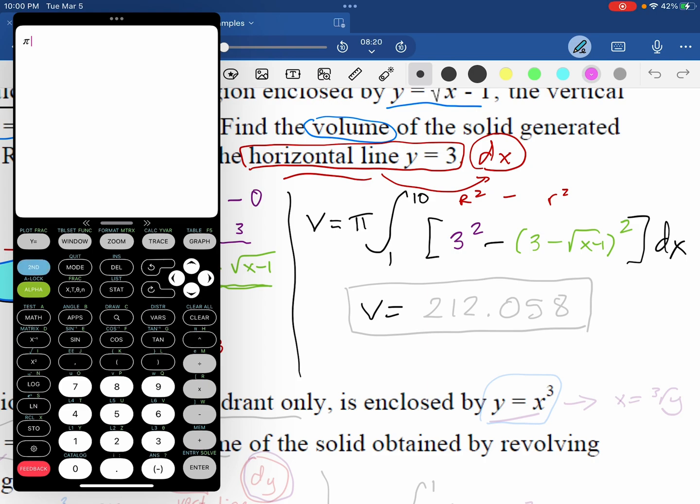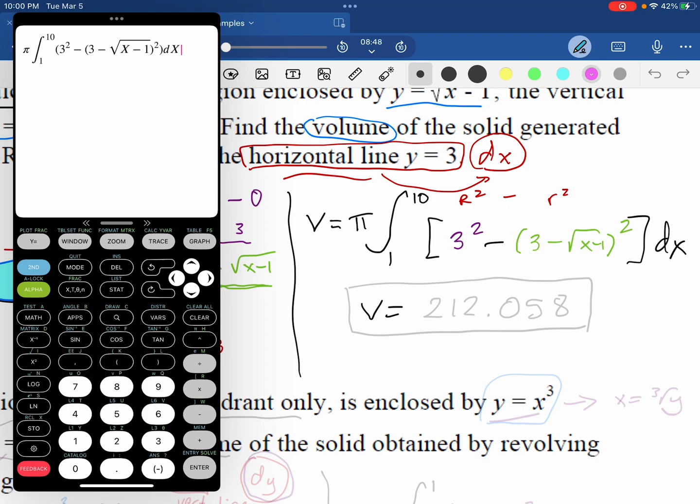So don't forget to put your pi out front. And then it'll be the integral from 1 to 10. And then inside, 3 squared minus parentheses 3 minus root x minus 1, close the root, close parentheses, squared, don't forget the extra squared, and then dx.